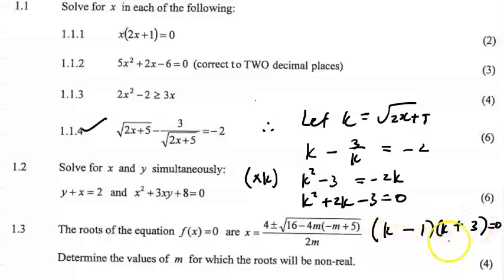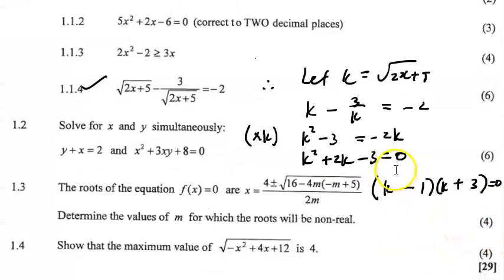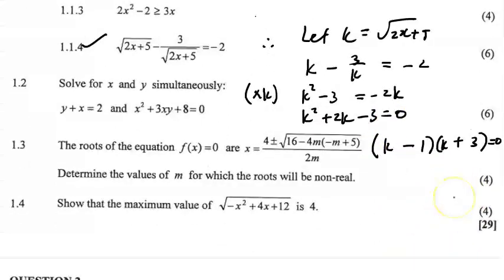If I check it, k times k is k squared, minus 1 times plus 3 is minus 3. Inner terms is minus k, outer terms plus 3k, which gives me plus 2k. And after that, we can now solve for k. So k equals 1 or k equals minus 3.